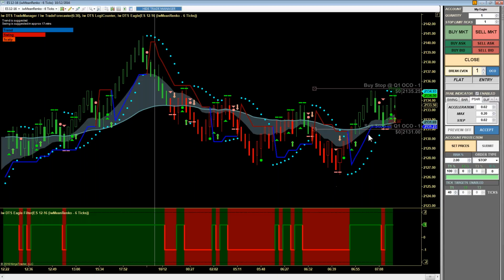And if it still doesn't cooperate, I'll bracket the last bar so you can see how this works. All right, here they come.